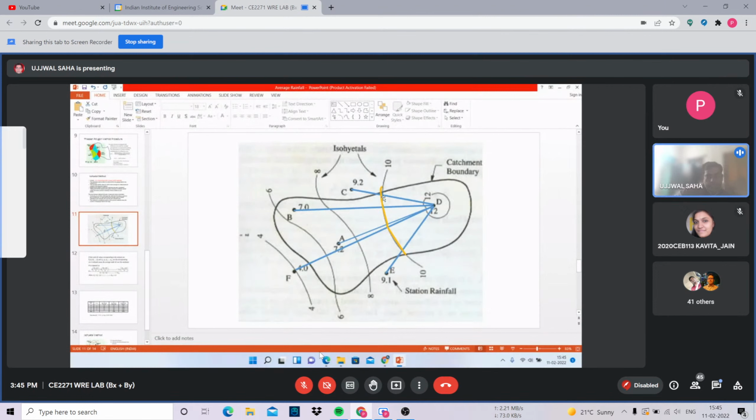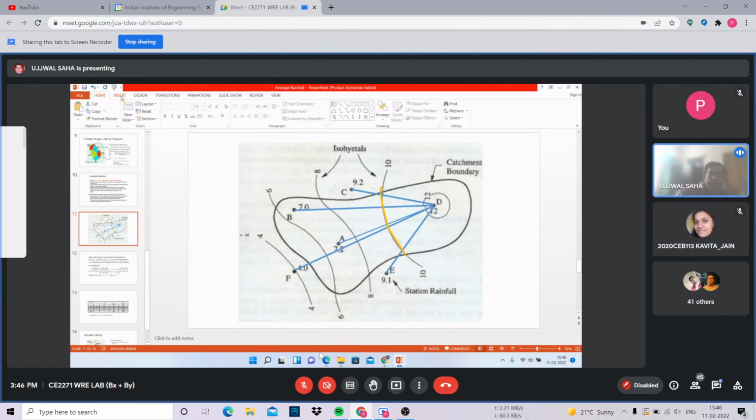Let me explain again. How do we decide where the 10 point is? First of all, we join by a straight line, and our assumption is that it varies linearly. As we are joining the straight line, that will be the highest variation.